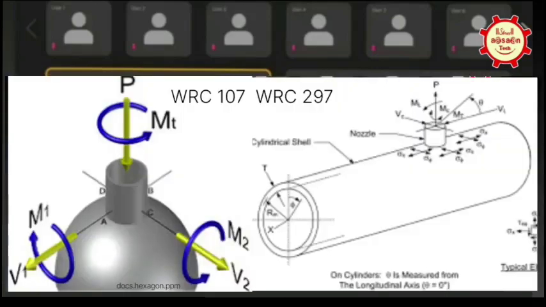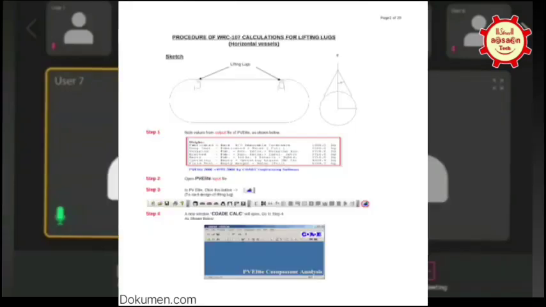Like Ramakrishna told, WRC 297 is applicable for shell type, meaning cylindrical type analysis. And with WRC 107, you can analyze using a lifting lug or any other shapes also.